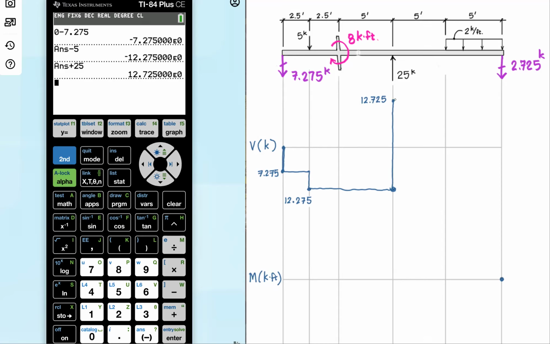Love that. All right, let's continue over 5. And now I want to decrease by 2 times 5 is 10. That gets me to positive 2.725. And then lastly, decrease back to 0. Okay, so I got back to 0.